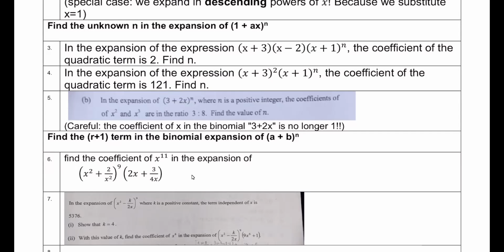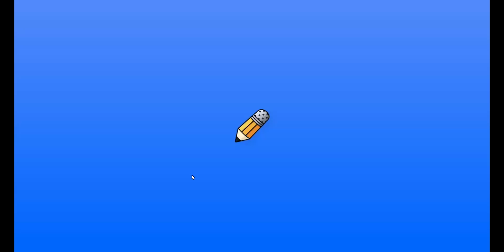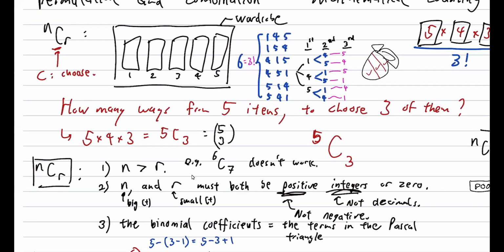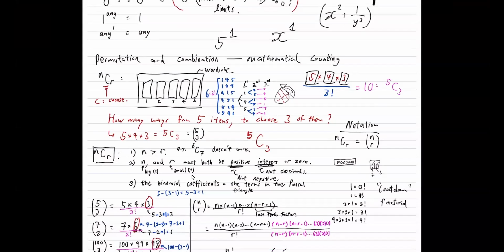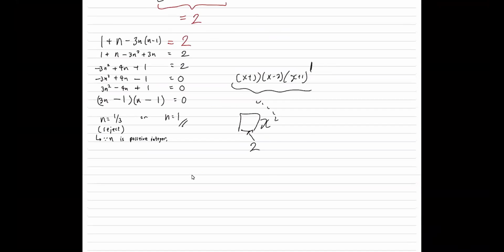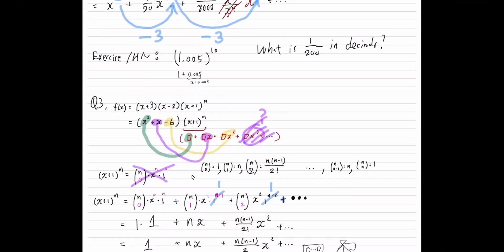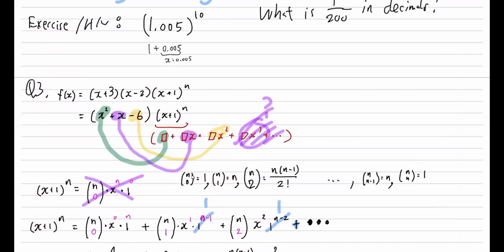I can't remember. Let me find the notes. Do you remember? Okay, let me see. Notes. Is it this one? Did I send you this? Oh, I might have forgot to send you the notes. Oops. Okay. Let's see. This is question 3. Oh, I went through question 3. That's where I last stopped.